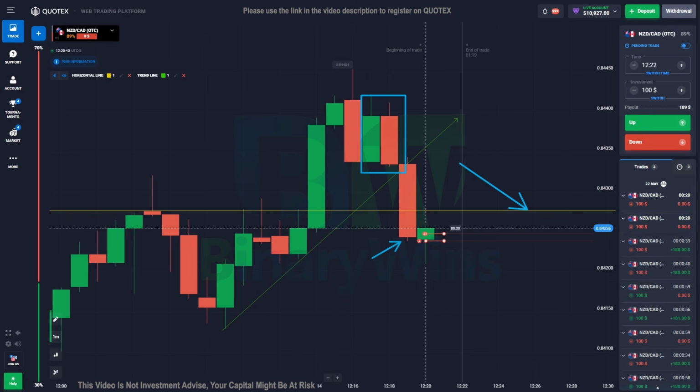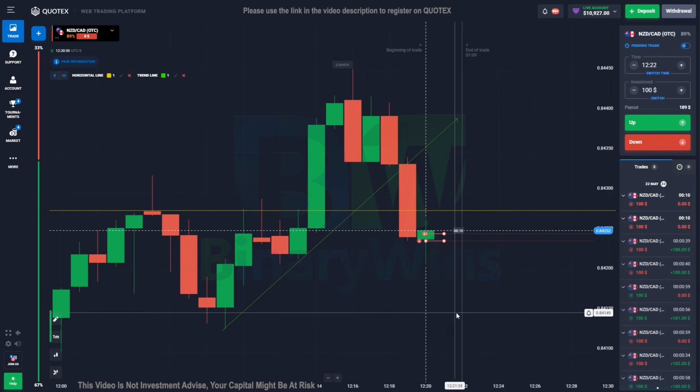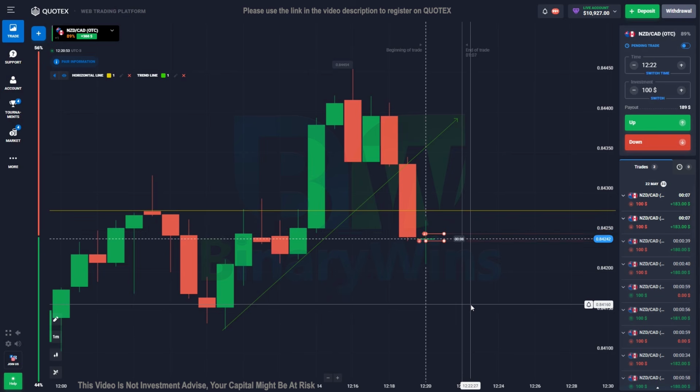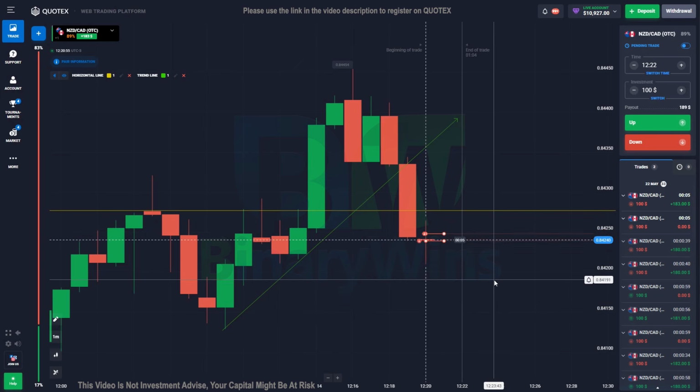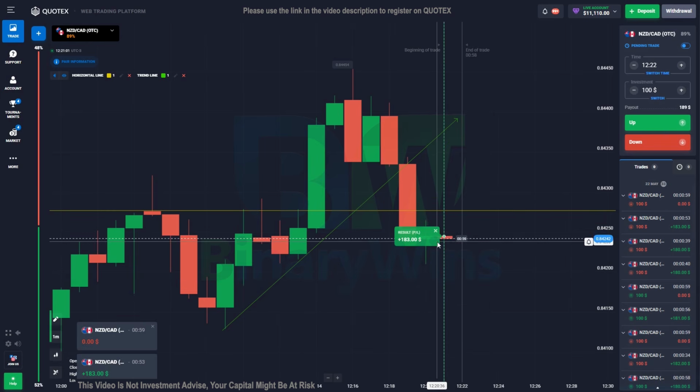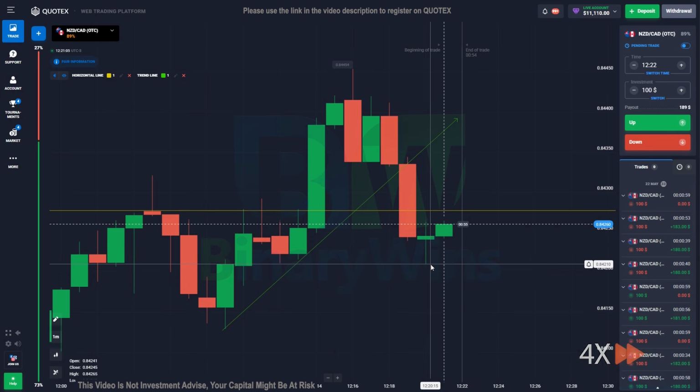There is also a gap and distance to the left level or to the next level. That's why I entered a lower trade. Okay, the price closed between my 2 entry points.